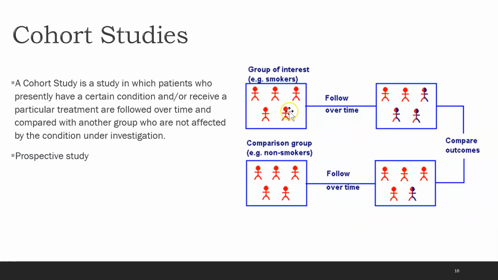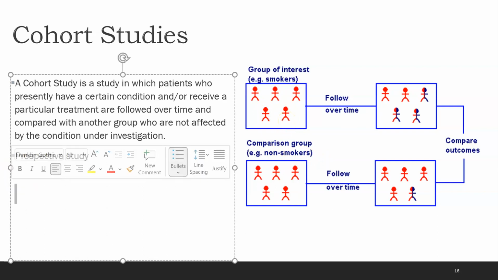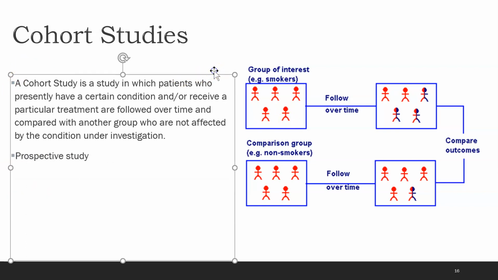With a cohort or case control, you're not giving them a treatment. You already have the group of people that have the electric toothbrush, or the group of people that are smokers, and you already have the group of people that are not smoking, and you do not give them any treatment. You just find those people that have that condition, or that are already smoking, for example.